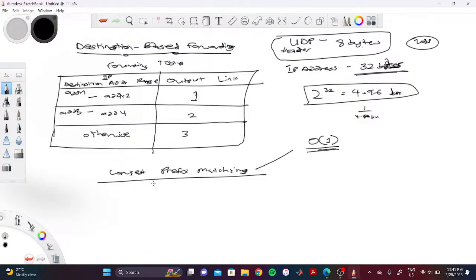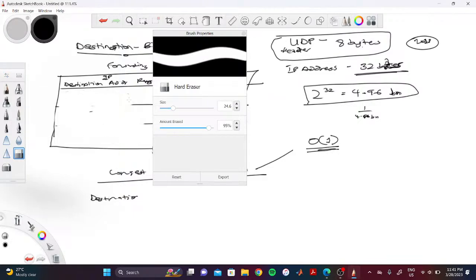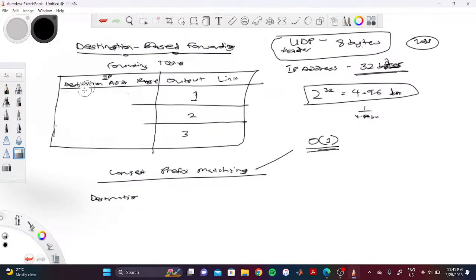How the longest prefix matching works is, so this is the first one, right? There's a destination address range, but it's not the same. It's more like this: 11001000, then you have maybe star star star star.